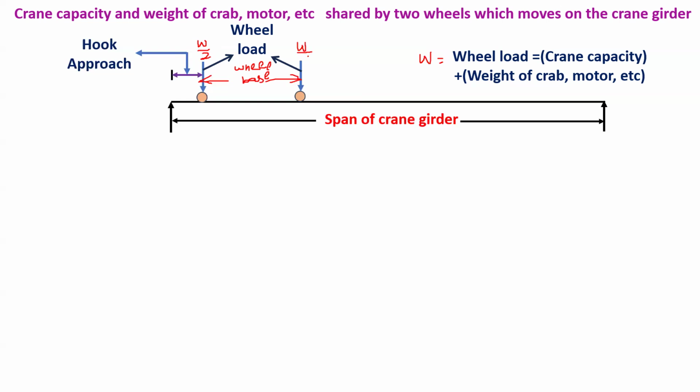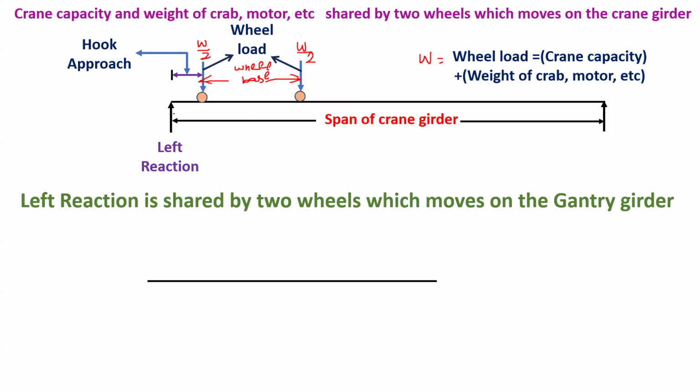So knowing these values, we are in a position to find this left reaction. And by this left reaction, we have loads on the wheels of the crane girders which will move on the gantry girder. So now you can see the left reaction is shared by two wheels which move on the gantry girder, and these wheels support your crane girder.